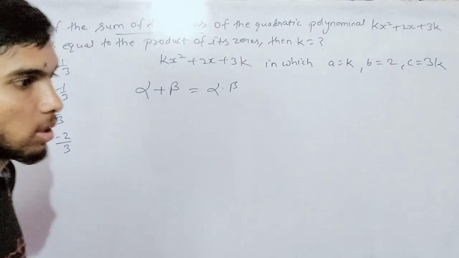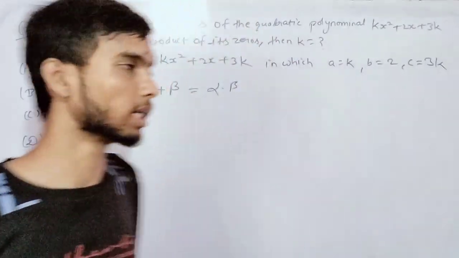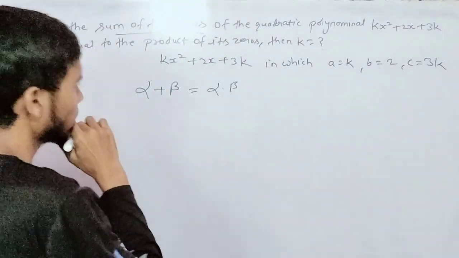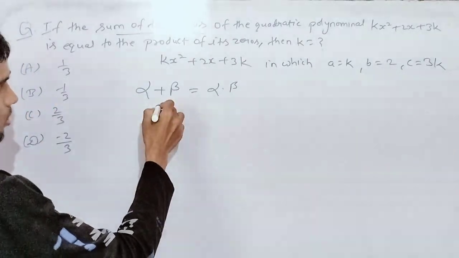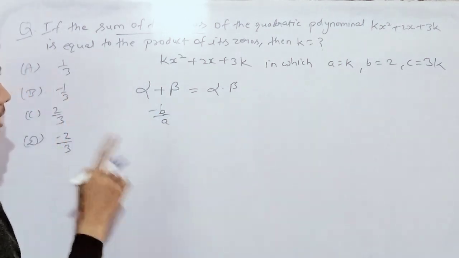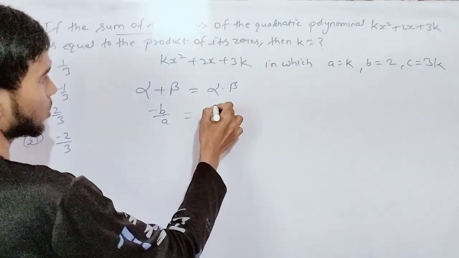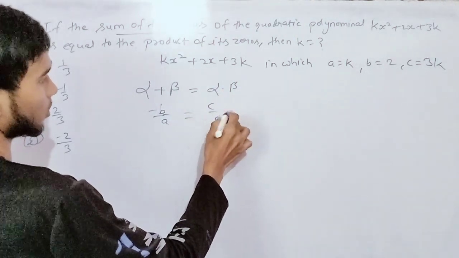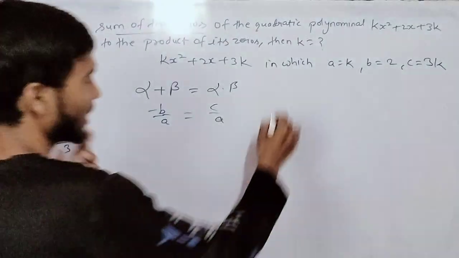It happens when the discriminant is equal to 0. Now here, as you know, the sum is equal to minus b upon a, isn't it? Yes, and the product is equal to c upon a.